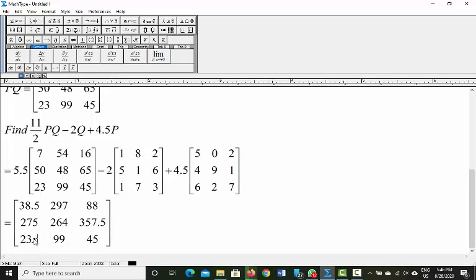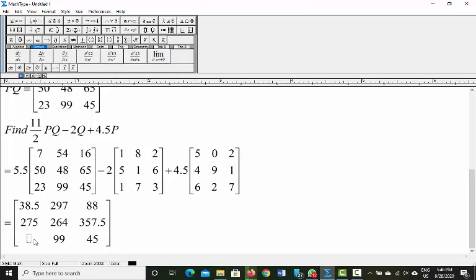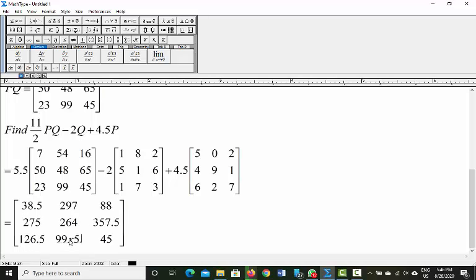Similarly, this one should also get multiplied by 5.5, and we will get 126.5.